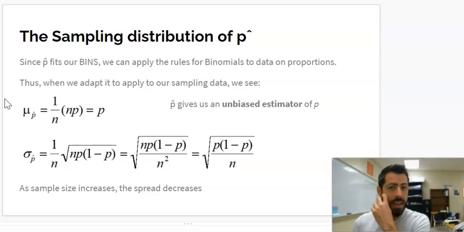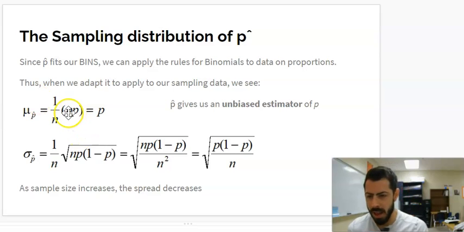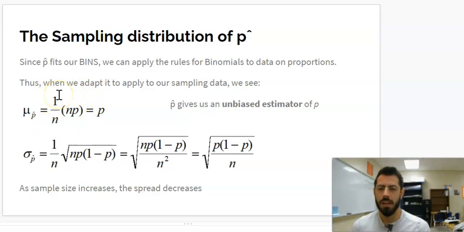So the mean can be calculated by N times P divided by N, which is just going to give us P. This seems like common sense at this point, but the mean for a sampling distribution of a proportion is going to equal the population proportion. In other words, P hat gives us an unbiased estimator of P.